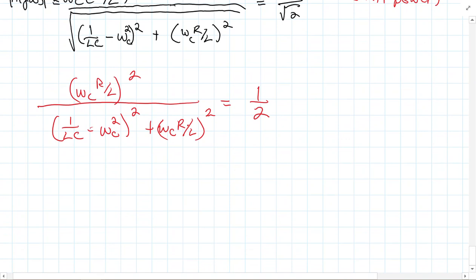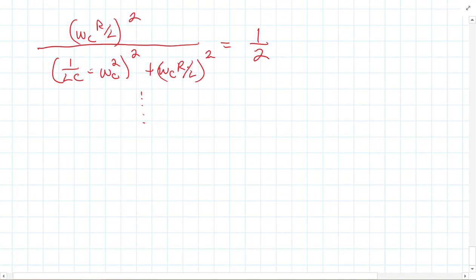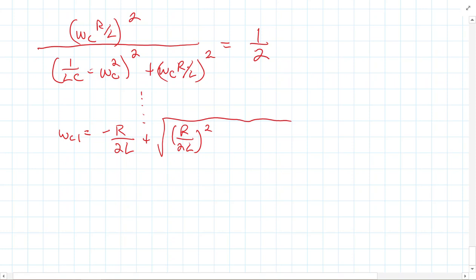Now I'm going to skip solving this because it's just a bunch more algebra, but you're going to have to do a square root here at some point. You're going to wind up essentially with a quadratic equation. So going through all the work here that I'm skipping, what you wind up with is that omega c1 is equal to negative r over 2L plus the square root of r over 2L squared plus 1 over LC.